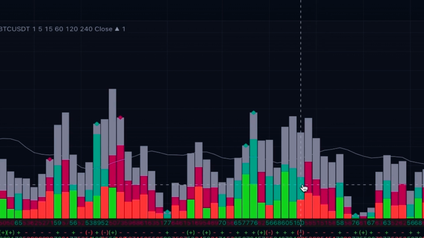When it is dark red, this level shows dominating passive sell volume, and when it is dark green, this level shows dominating passive buy volume. And here in the lower part of each bar, it is either light green or light red, and it shows dominating active volume. When it's light green, this level shows dominating active buy volume, and when it is light red, the level shows dominating active sell volume.